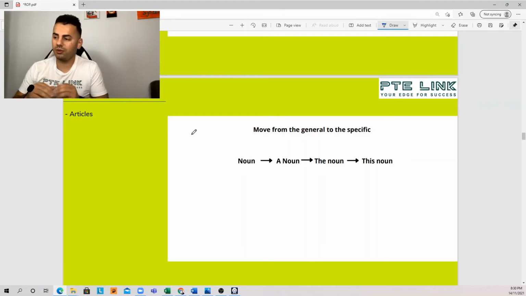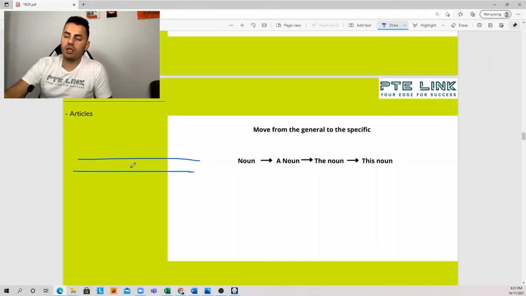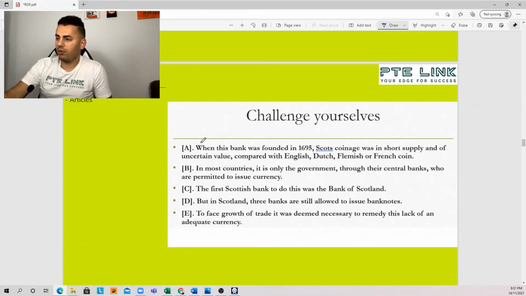So your job, when you find two sentences addressing the same subject, issue, or noun, is to start from the general, moving to the specific, more specific, most specific. And here I came up with an example to show you how to employ this hint.